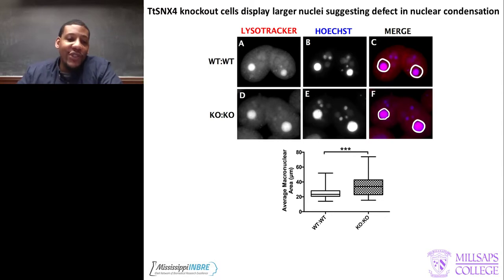That was interesting because there's been some evidence that there are degrading enzymes that are trafficked independent of lysosomes to the degrading macronucleus via autophagosomes that consume mitochondria. And so we're interested in exploring whether this effect on nuclear size is due to a mislocalization of mitochondrial enzymes that end up in the nucleus.